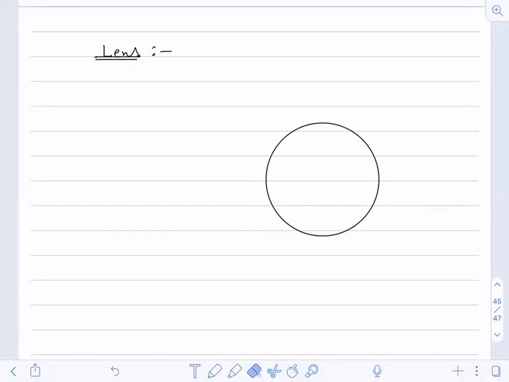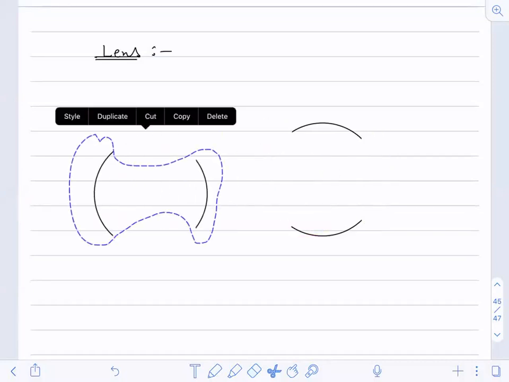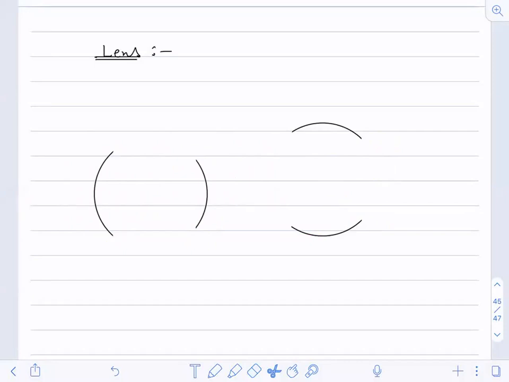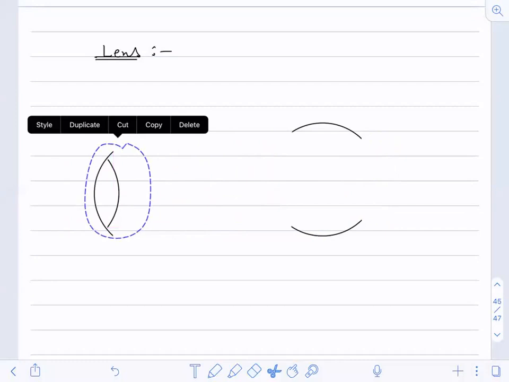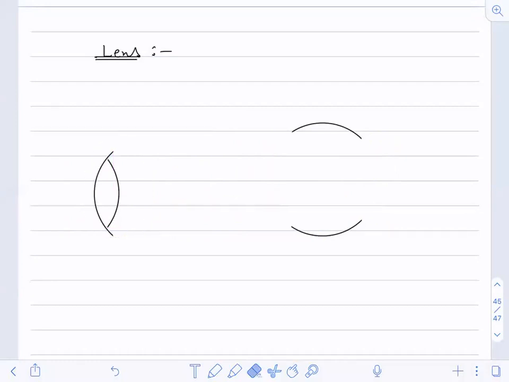Now you cut these two parts like this and take them out, and then you join these two parts end to end. So this is one lens that you get. And then what about this one?